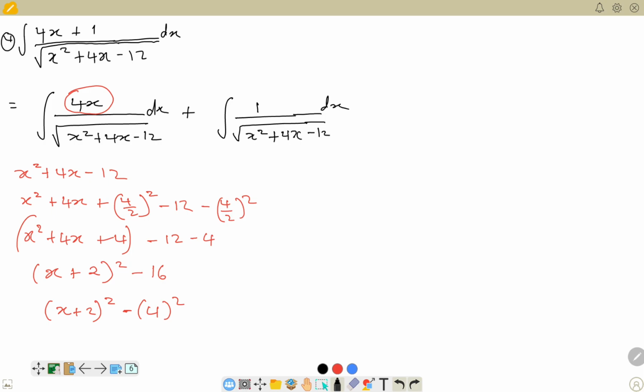Let's change our marker to black because we've been working with red. So this one now here, since we split it already, we said it's 4x, then over. Now we put back the completed square form.